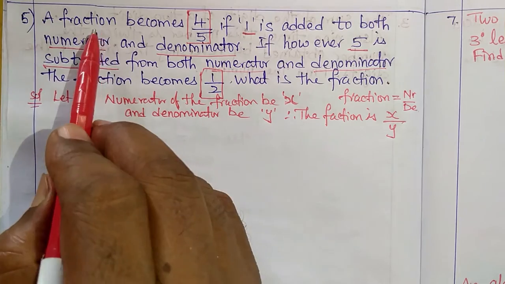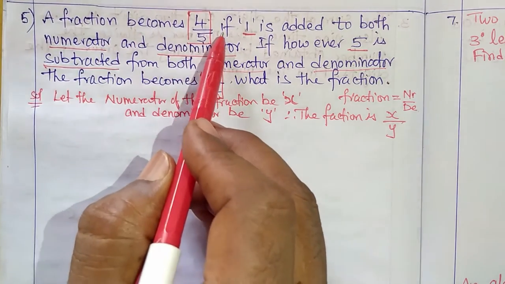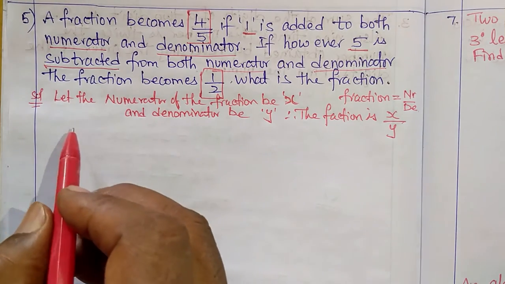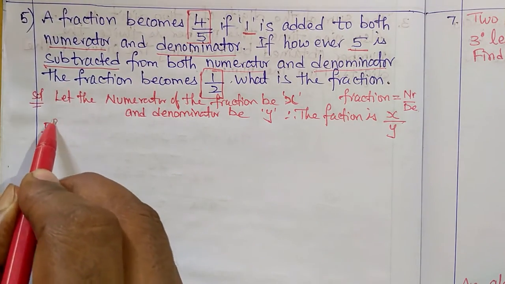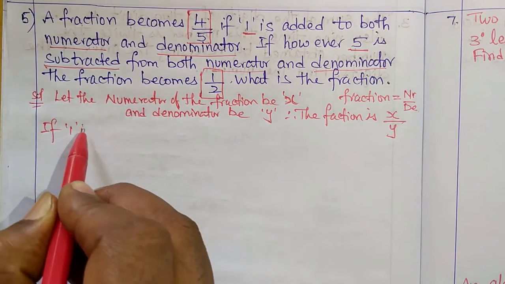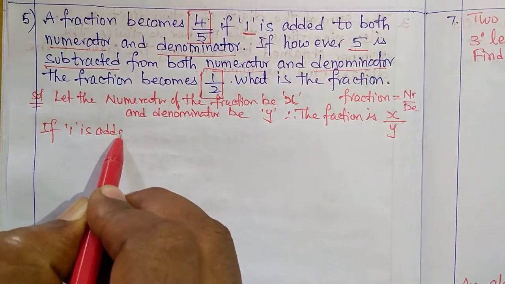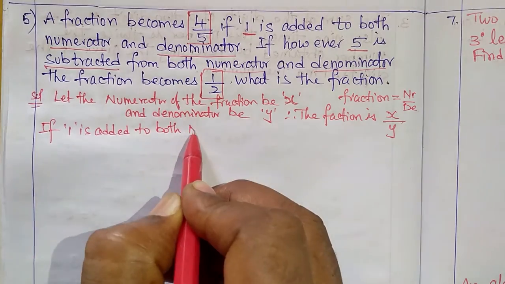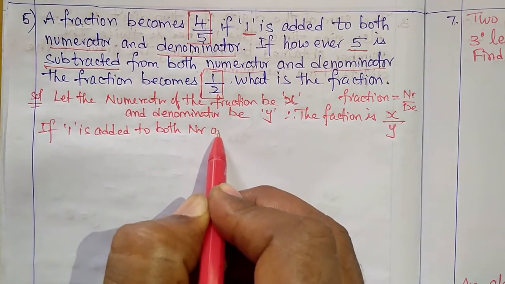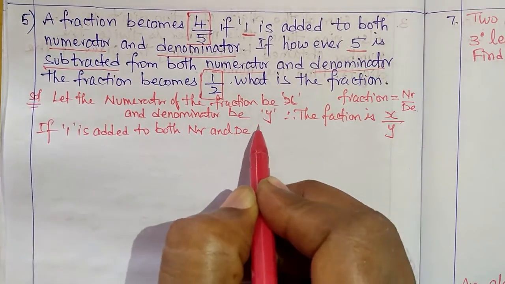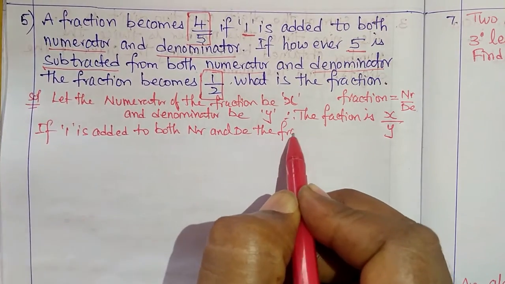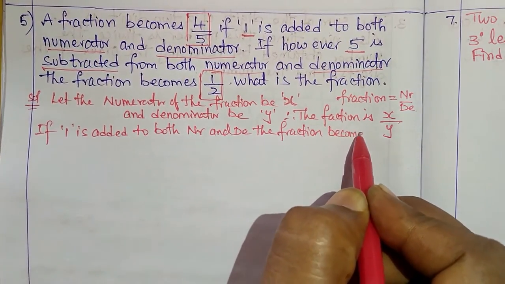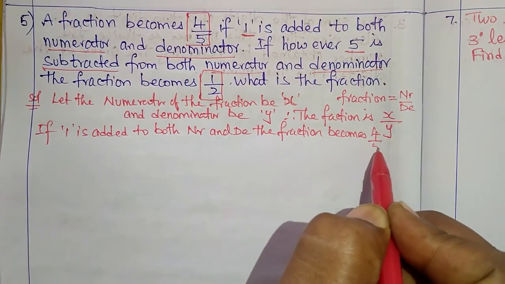Now see the first condition. The fraction becomes 4 by 5 if 1 is added to both numerator and denominator. So if 1 is added to both numerator and denominator, the fraction becomes 4 by 5.